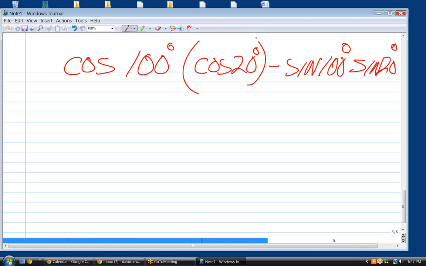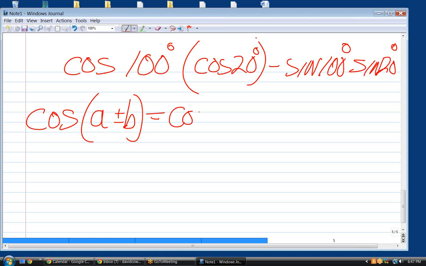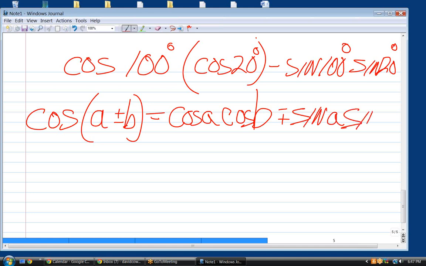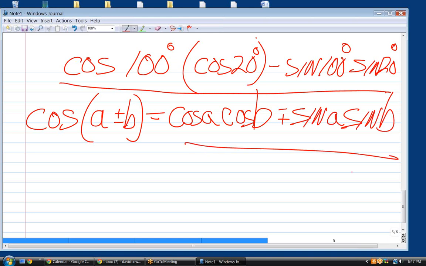That looks like half angle, double angle, sum and difference? Sum and difference. So is this the sum and difference for cosine or sine? Sum and difference for cosine. If I have the cosine of A plus or minus B, it's equal to the cosine of A, cosine of B, opposite sign, minus or plus the sine of A, sine of B. Well, what we are looking at is this over here.